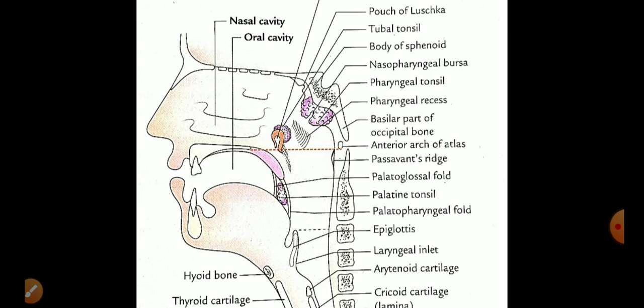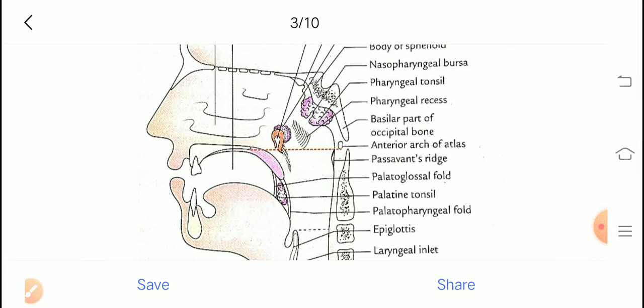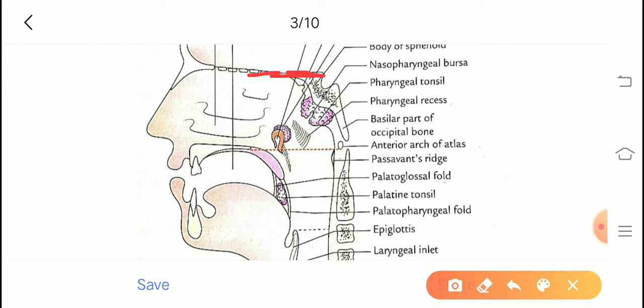It is present in the junction between the upper and the posterior roof of the nasopharynx. This is the upper roof, posterior roof.